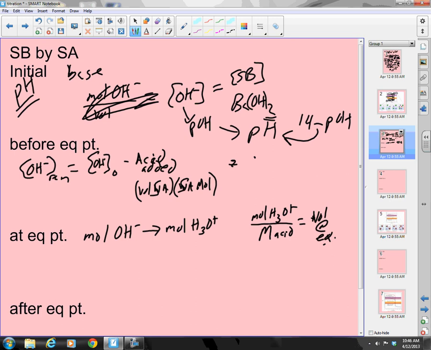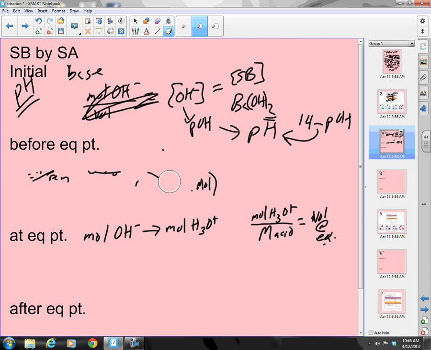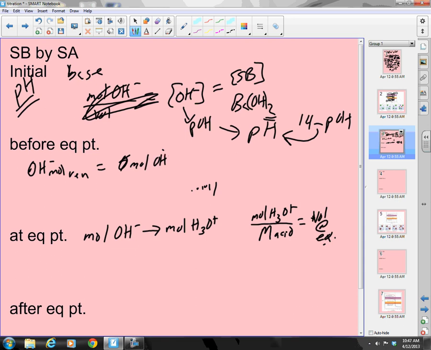We've got to start with moles, right? Sorry. We need OH moles remaining, which is moles of OH original minus moles of strong acid added.